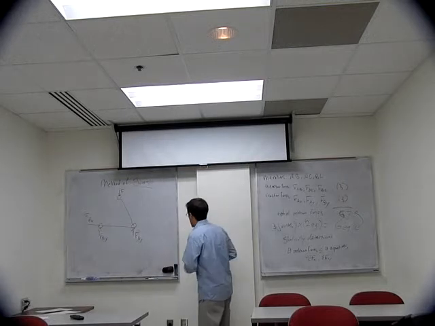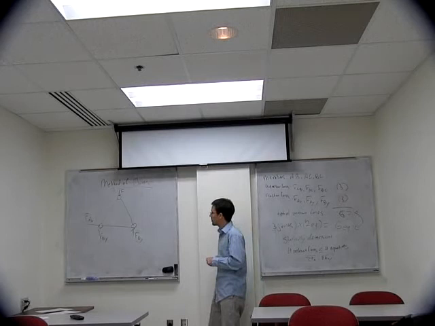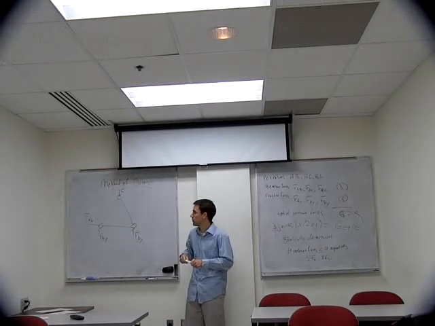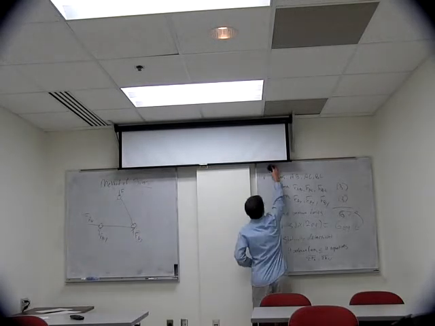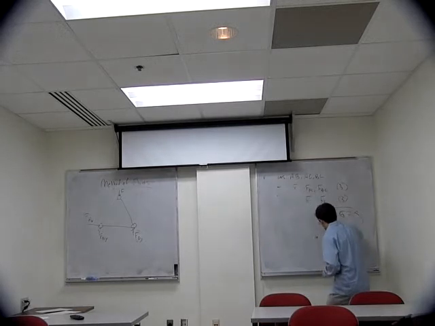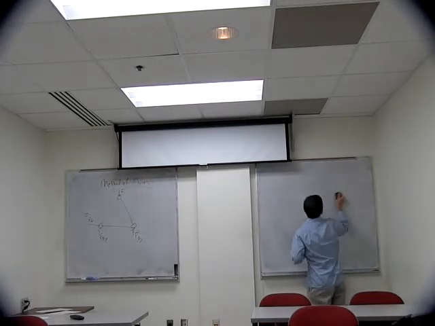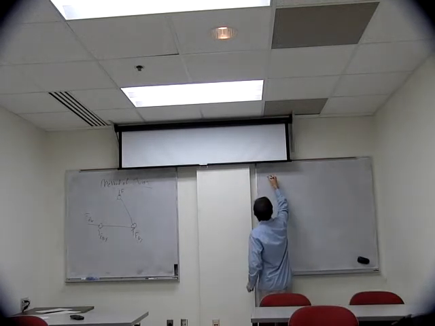All right. So we have to remember that two of the equations that we can use are the summation of all the forces in x and the summation of the forces in y. Let's start with the summation of forces in x.